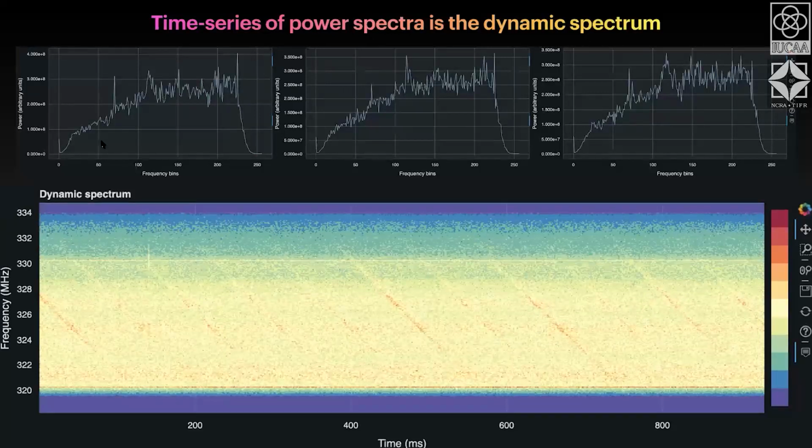So although the voltage signals themselves are varying between 0 to 16 megahertz, we have shown it in terms of the observed frequency so that it's closer to what we are trying to observe and characterize. So this is how the dynamic spectrum should look.